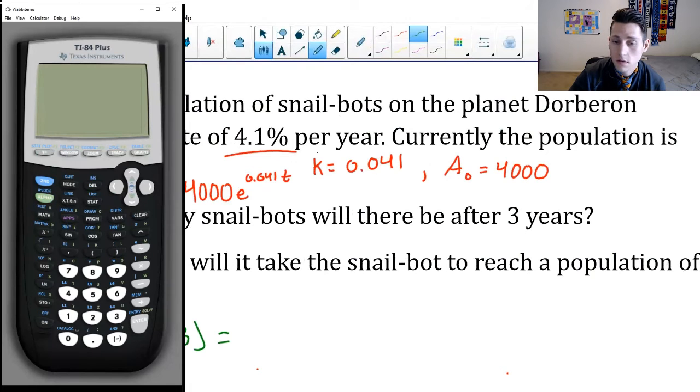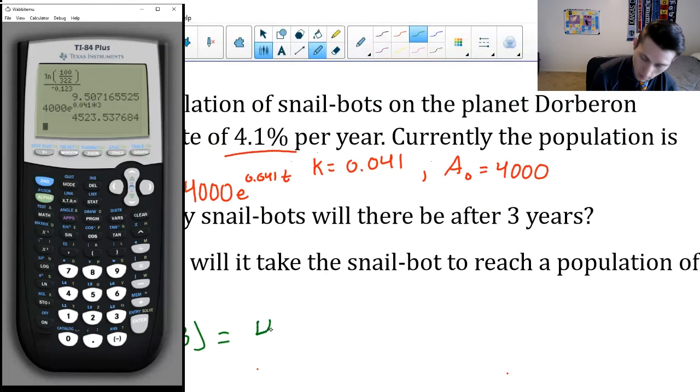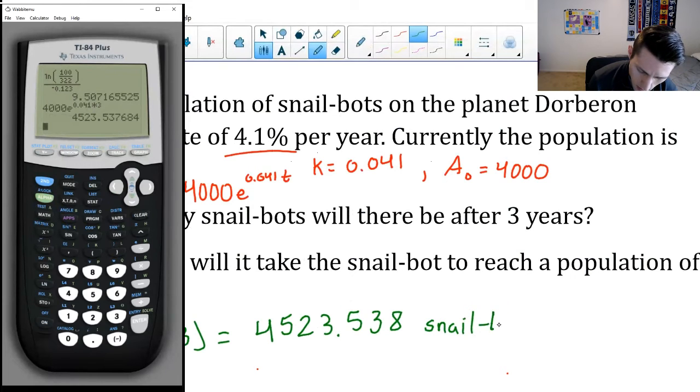So 4,000 e to the power of 0.041 times 3 is 4,523.538 snail bots after 3 years.